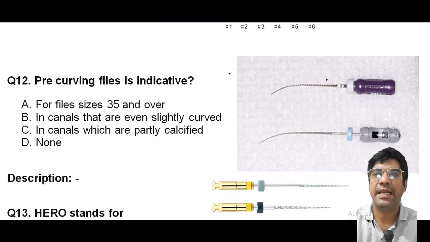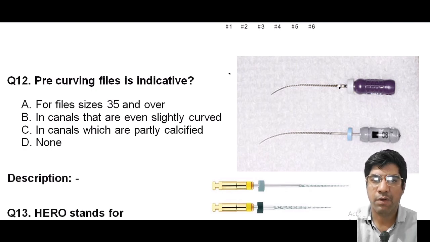Pre-curving is not indicated for files of size 35 and over. It is indeed beneficial for files that are smaller and more flexible.